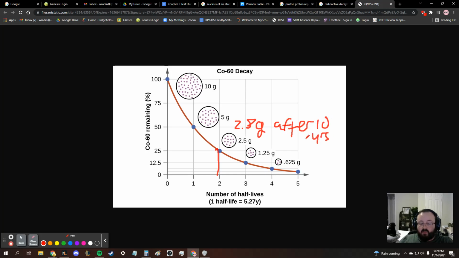This is an estimate. You're reading the graph. As long as it's relatively close, you'd get credit. If you said 1 gram, all the way over here, that's not right. If you say 2.75, or even 3, anywhere from about 2.6 to 3, or 3.5 probably, you would get credit. It's an estimation. All right.